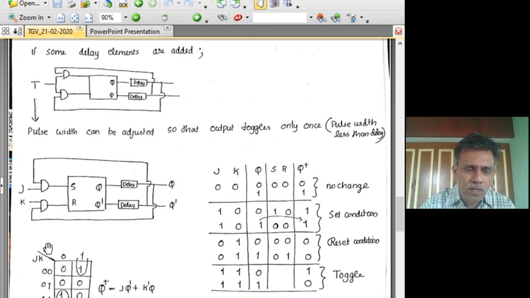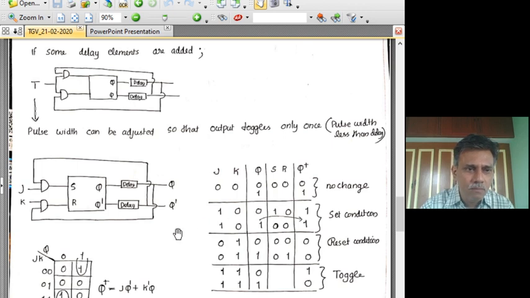And Q is put along the horizontal axis, 0 or 1. Note that if you had clubbed K and Q here and J here, it would have been a little difficult to extract the Q values and put them. So you should find the natural way of filling the K map and deriving the equation from the truth table.